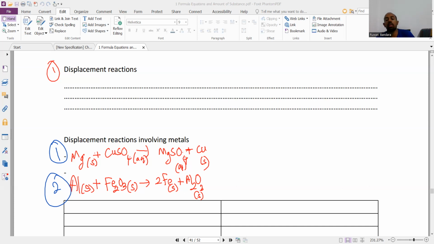Next point, reaction 1 takes place without supplying energy.